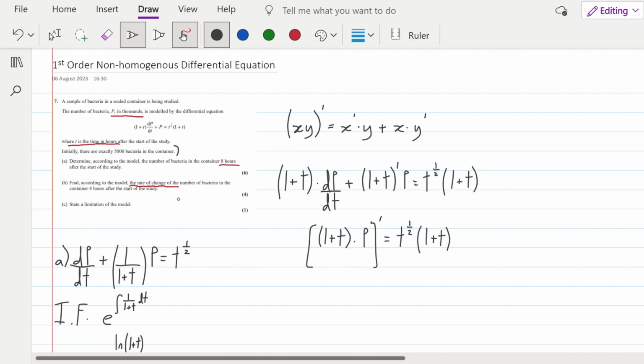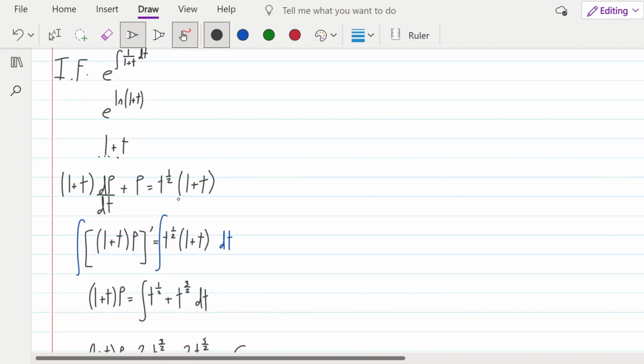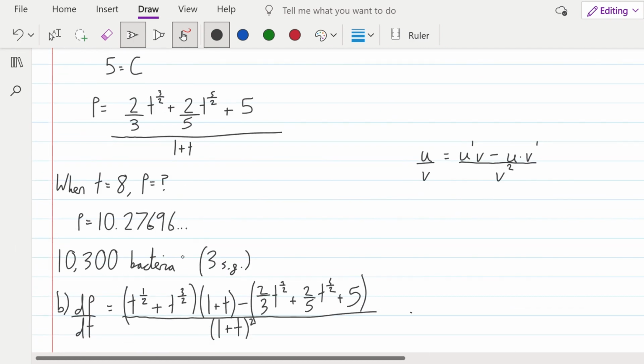A lot of people will slip up here, just like how a lot of people will slip up at the end where they forget to times their p by 1,000.